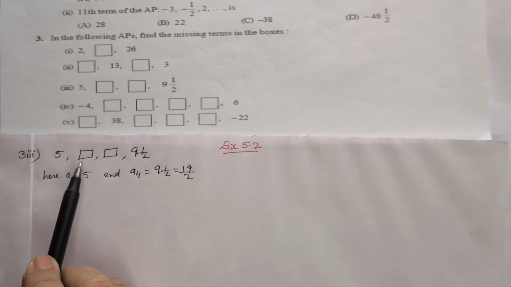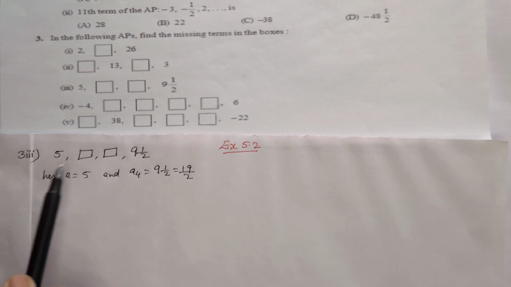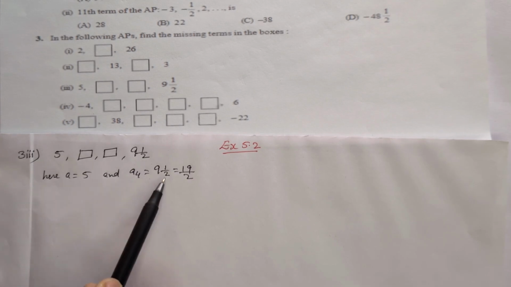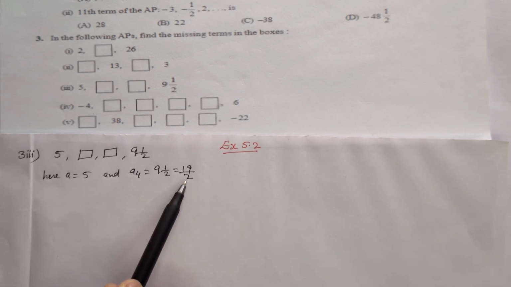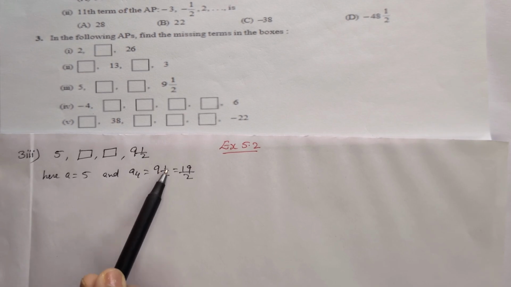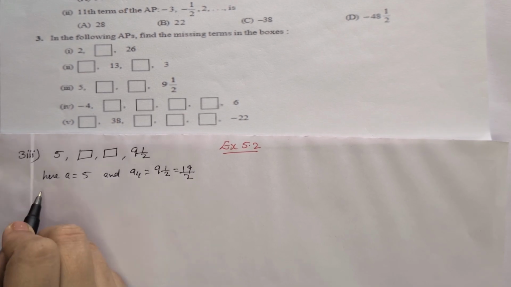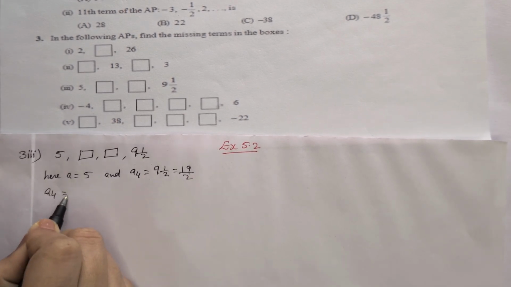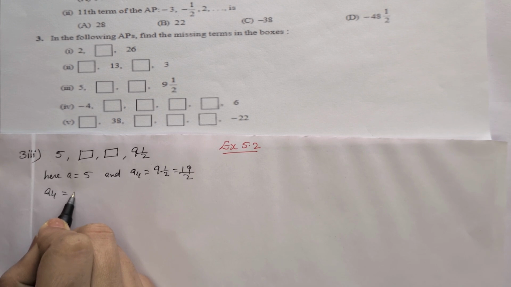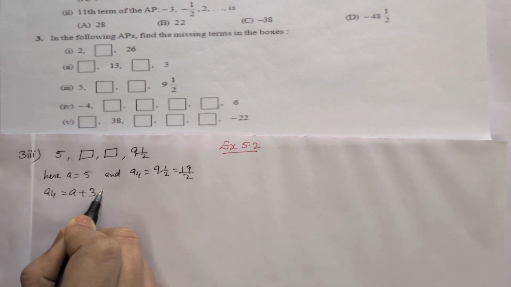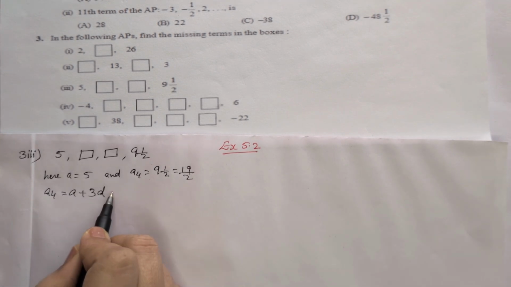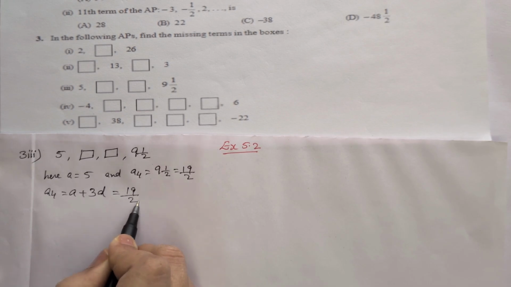Third one, second and third terms are missing. The fourth term is given as 9 and 1 by 2, which we can write as 19 by 2: 2 into 9 is 18, plus 1, 19 by 2. But we know that a4 = a + 3d, which is equal to 19 by 2.